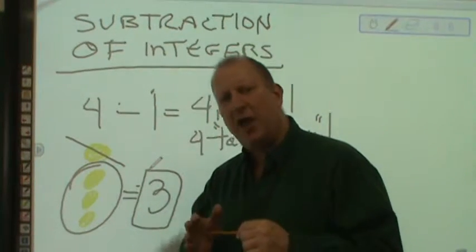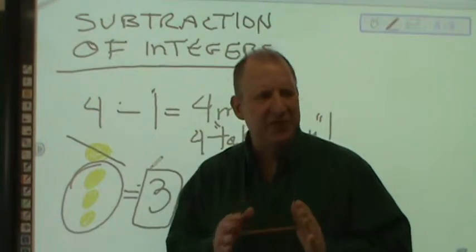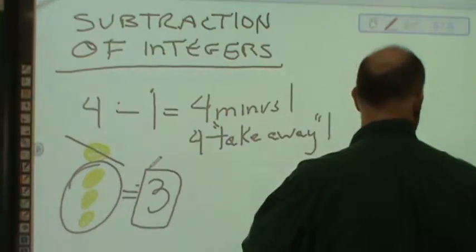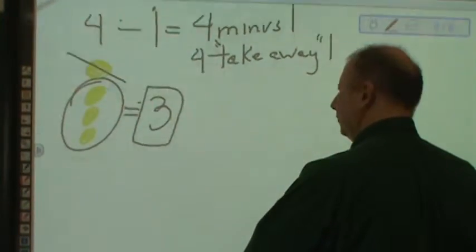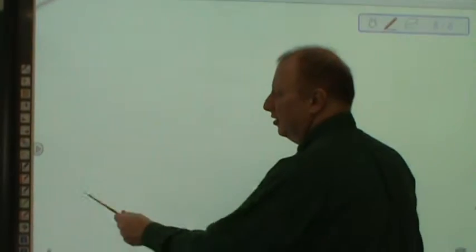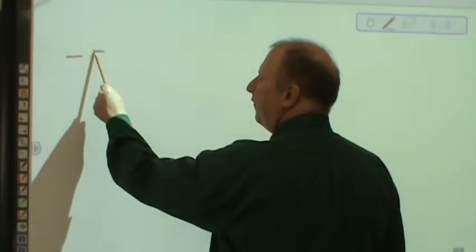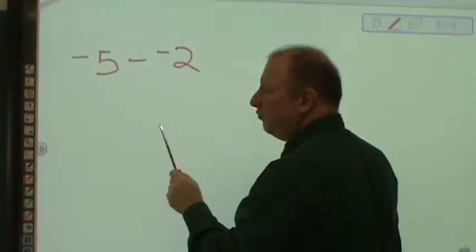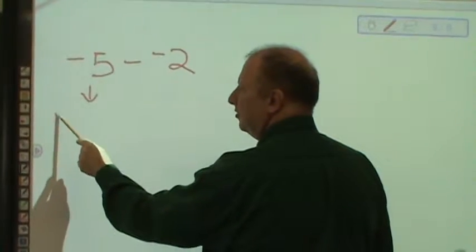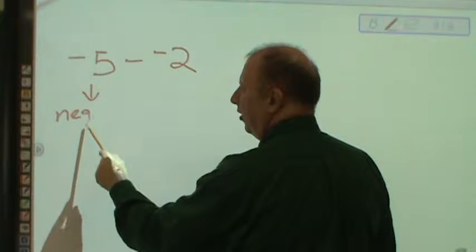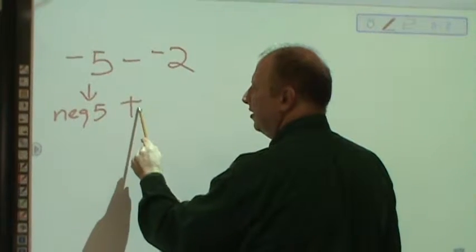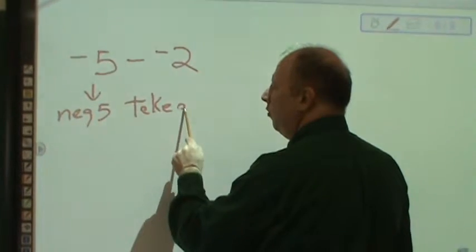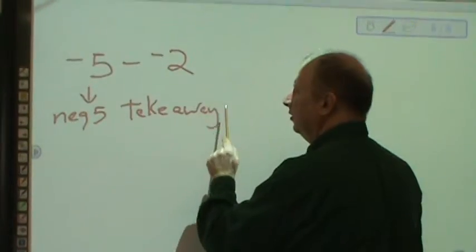However, watch what happens if I change it up ever so slightly. Let's say I would say negative 5 take away negative 2. Let's read what it says. Negative 5 take away negative 2.